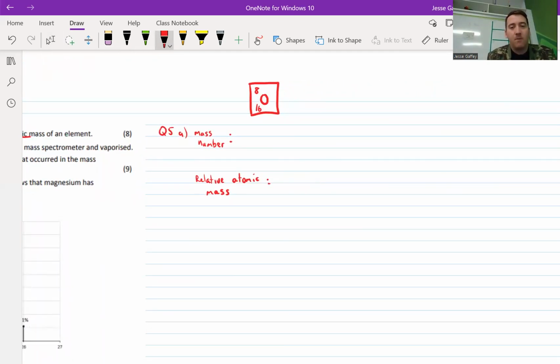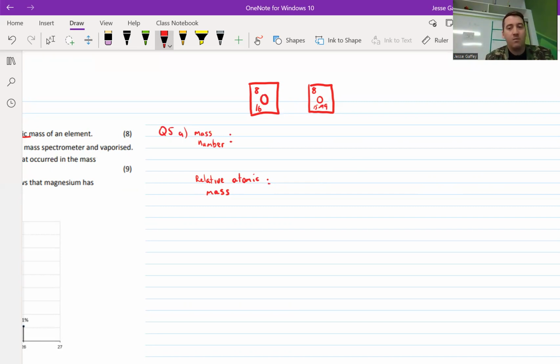This is the mass number. We also know that on a more modern, or maybe I would say a Leaving Cert periodic table, oxygen would look like this. It's O and 8 is the number, and then I think it's like 15.99. Okay, so this here shows the relative atomic mass instead of the mass number.